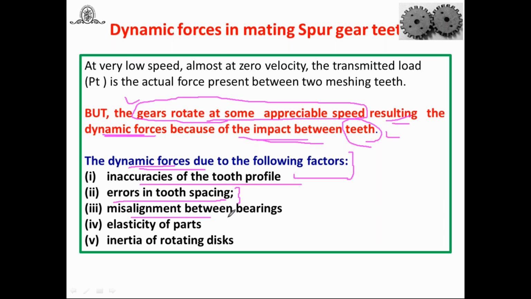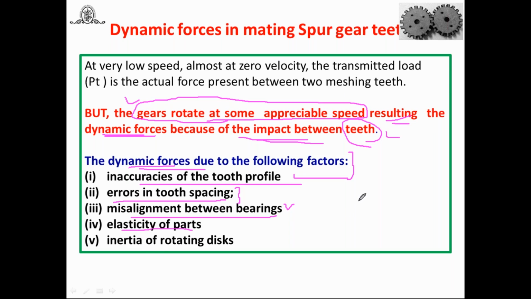The third one is misalignment between the bearings. Sometimes if bearings or other parts of the shafts are not mounted properly, this misalignment may also cause dynamic forces between the mating spur gear teeth.